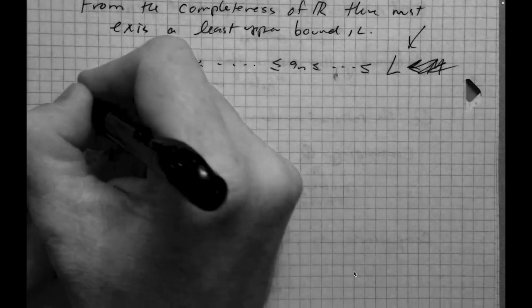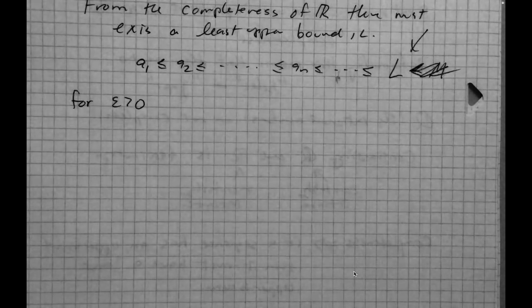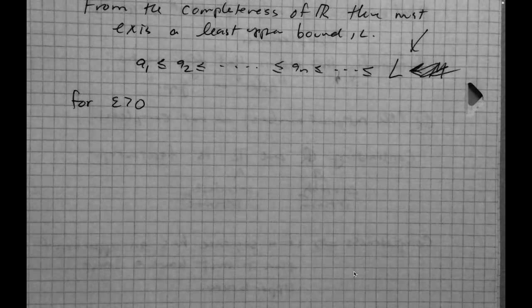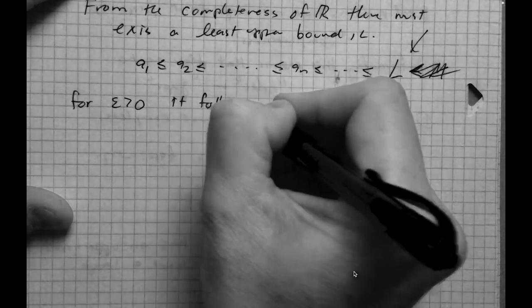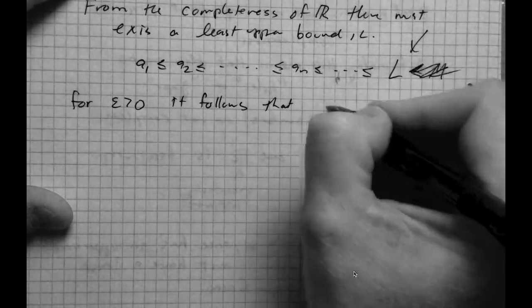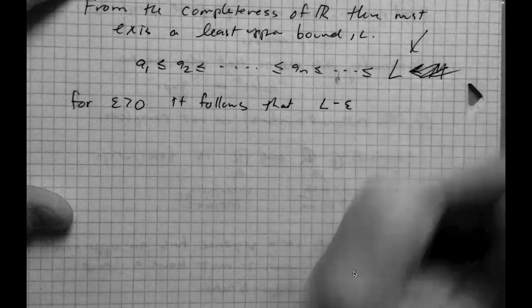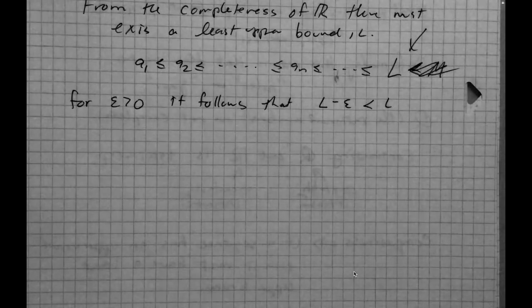Okay, so now for epsilon greater than 0, epsilon is some positive value that's given. It follows that if you take whatever L happens to be and you subtract off epsilon, then you're going to get a smaller number, right? Epsilon is a positive quantity.